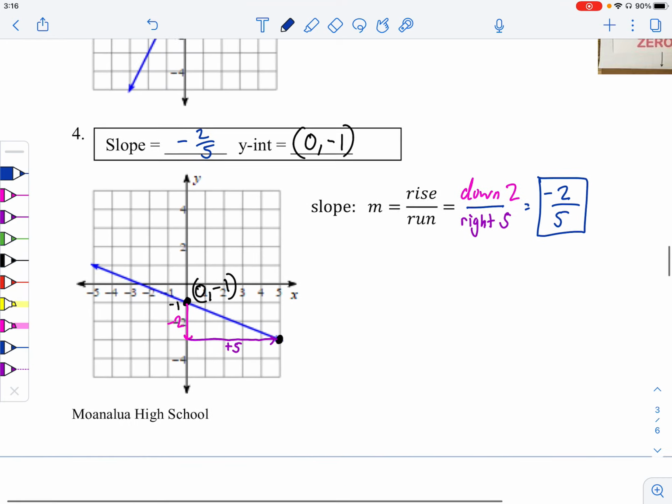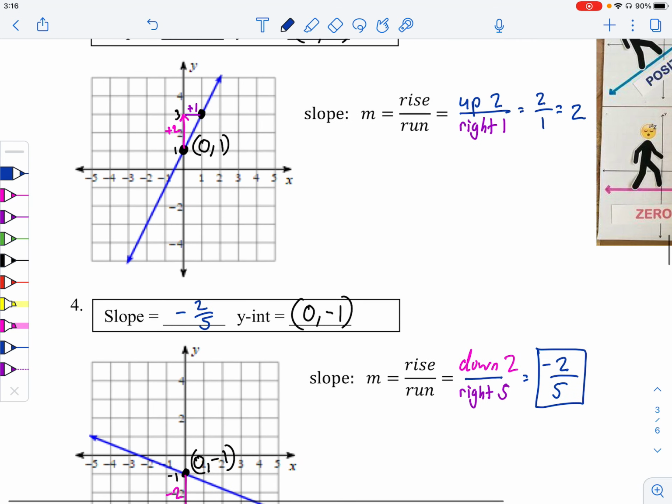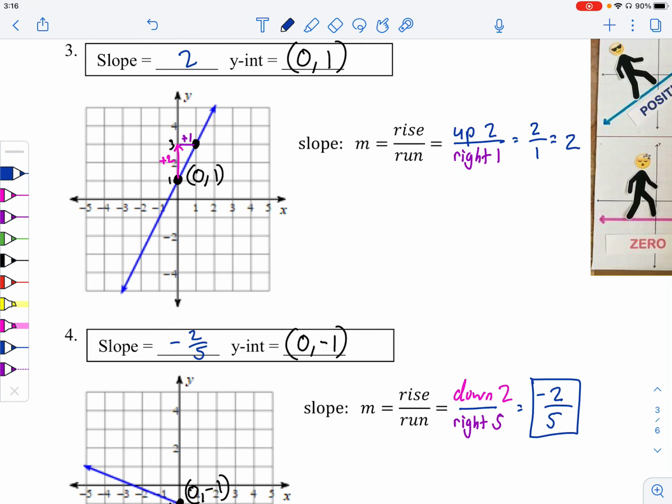Okay, and we also can tell from our graph if the slope is positive or negative just by what direction the right side is going. Right? So this side, we look at on the right side, it's going up. So if our graph is going up to the right, this is positive slope.